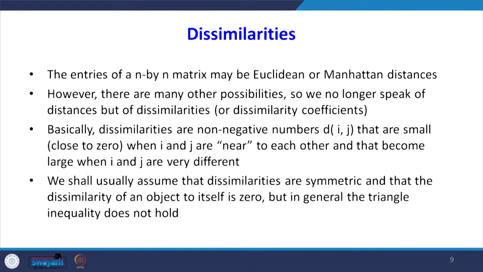Basically, dissimilarities are non-negative numbers d(i,j) that are small, close to 0, when i and j are near to each other, and they become large when i and j are very different. We shall usually assume that dissimilarities are symmetric and that the dissimilarity of an object to itself is 0. But in general, the triangle inequality does not hold.